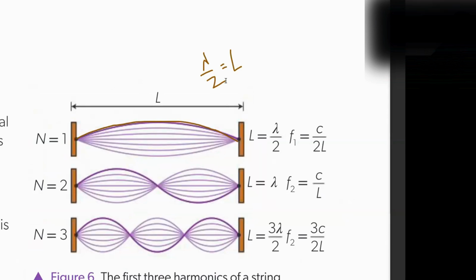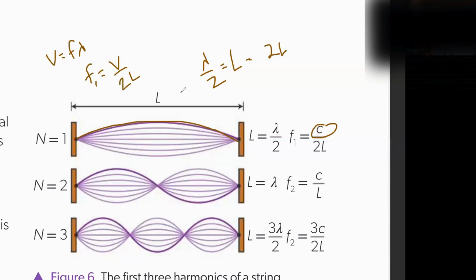We have studied that speed is equal to frequency into wavelength. So here the wavelength is 2L, right? Here, the first harmonic frequency is velocity by 2L. Here it is given by C, but I'm just writing it so you understand that this is the velocity of the wave.